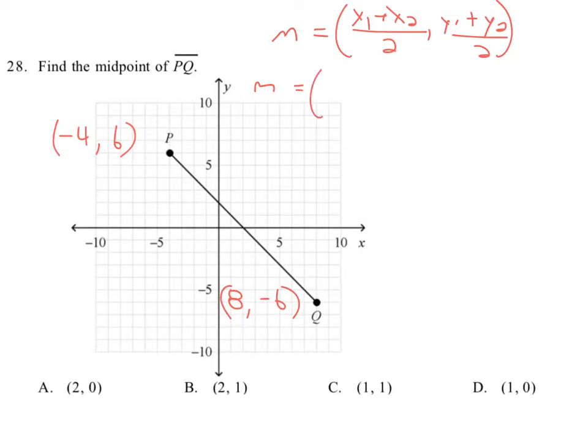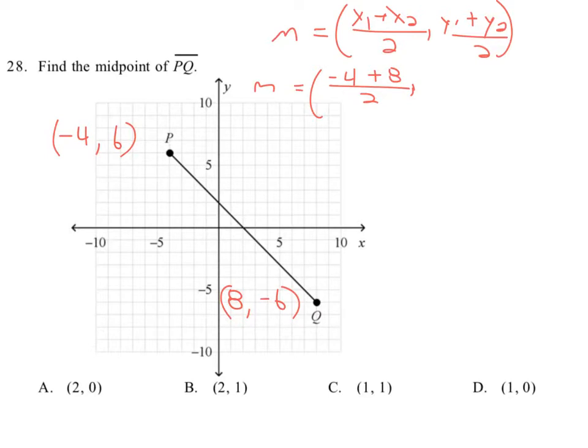It doesn't matter which one is x1 and which one is x2, but we'll say the x coordinate of this one plus the x coordinate of this one. So we've got -4 plus 8 all over 2, comma. And then the y coordinate of this one plus the y coordinate of this one.